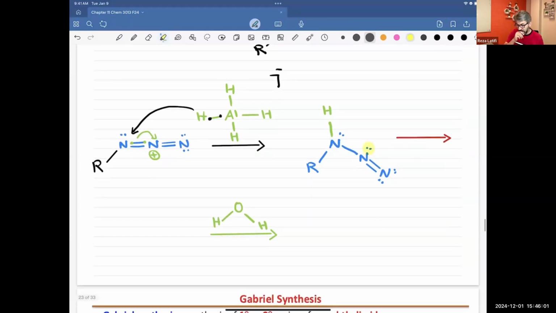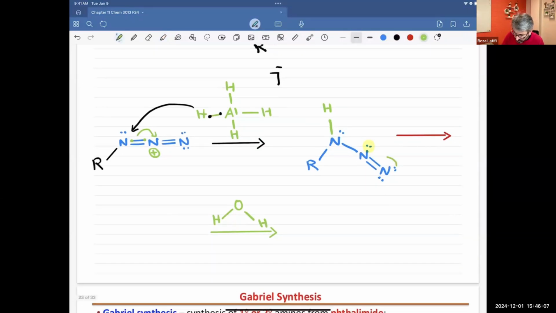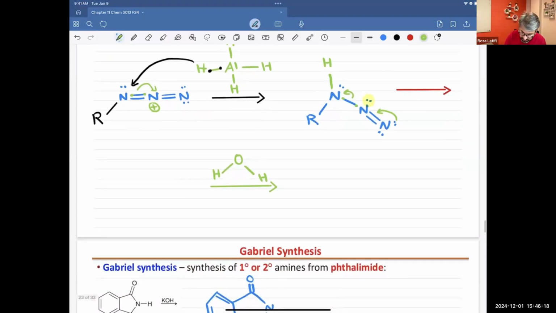Next step, forgive me, we can do a rearrangement, and say this lone pair we're going to share with the second nitrogen, and the terminal nitrogen is going to take those two electrons, and it will turn to such a species: R attached to nitrogen.